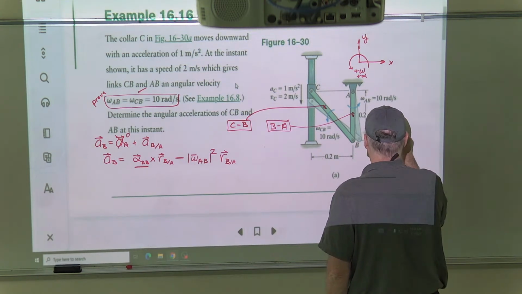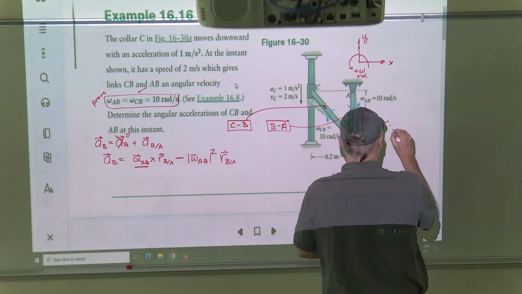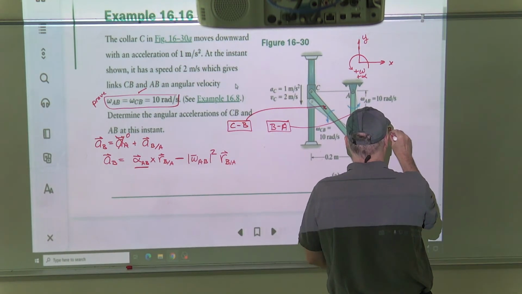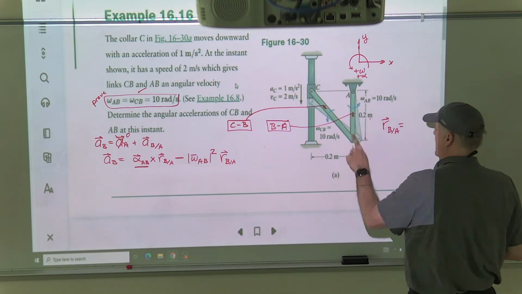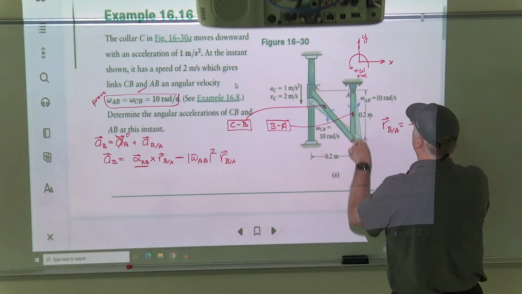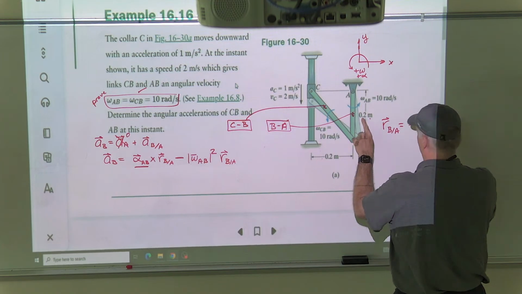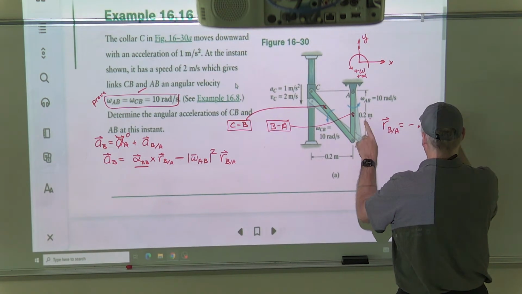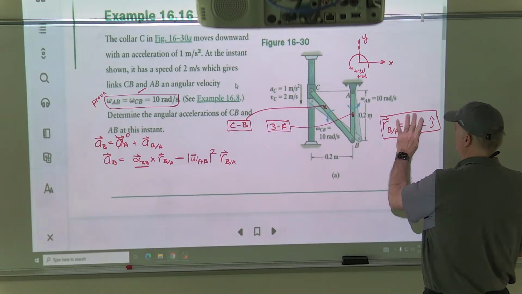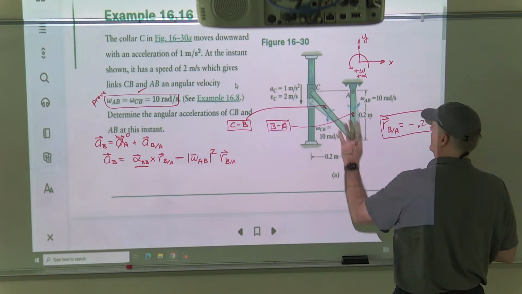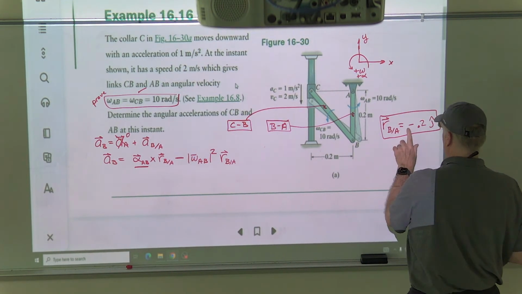So position of B relative to A is a vector that starts at A, ends at B. So it's minus in the y direction, and it goes down 0.2 distance, and it's just that simple. In the meantime, I would just stick here. I was about to say I was going to find the one from here to here, but I'll wait till I get to that. So right now I'm here with this.